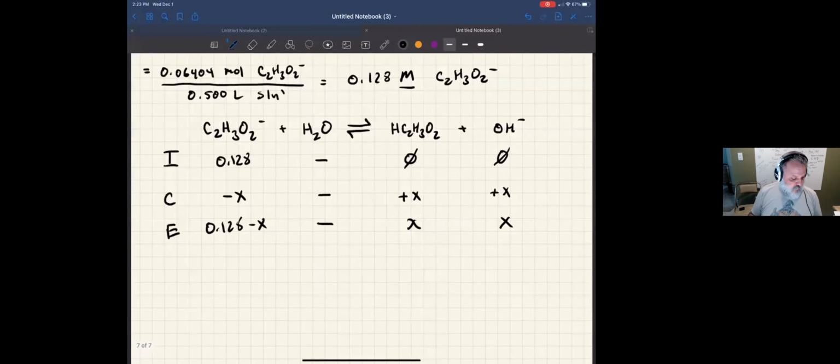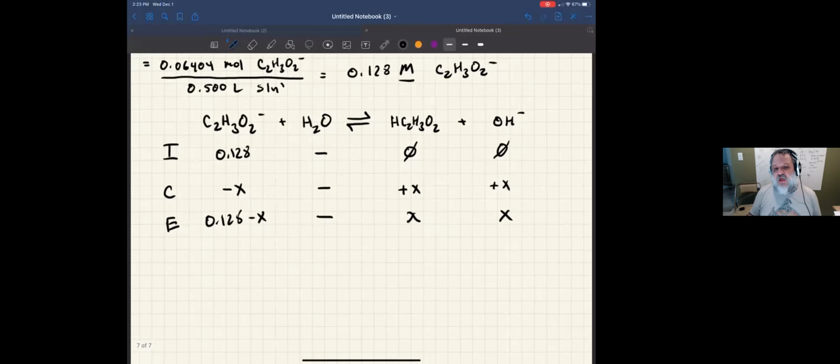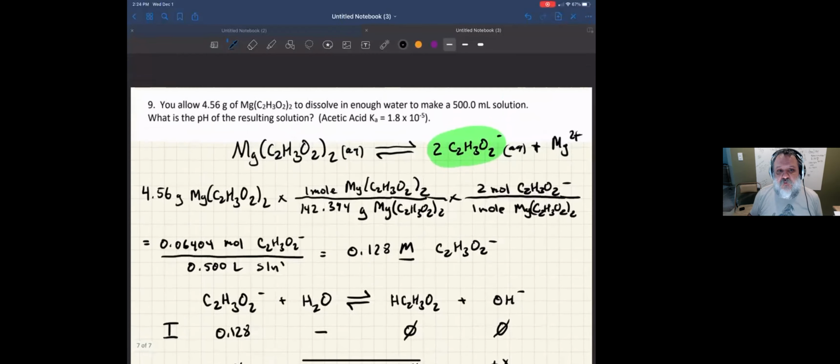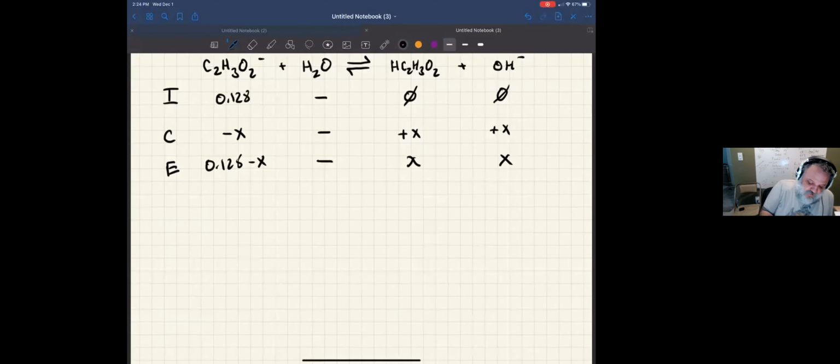Now what can we do? We need to figure out what X is in order to figure out the pOH, because that's going to tell us what the pH is. But look, what do we get in the problem? We're only getting the Ka of acetic acid, so we still have more work to do, right? Ka times Kb equals Kw.